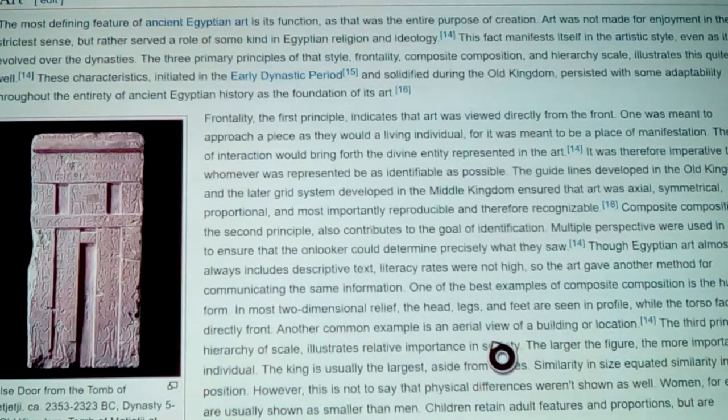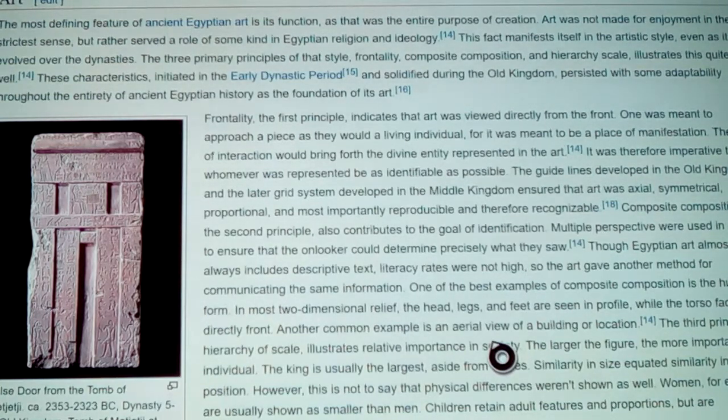The most defining feature of ancient Egyptian art is its function, and that was its entire purpose of creation. Art was not made for enjoyment necessarily in the strictest sense, but rather served a role in Egyptian religion and ideology. This fact manifests itself in the artistic style even as it evolved over the dynasties.